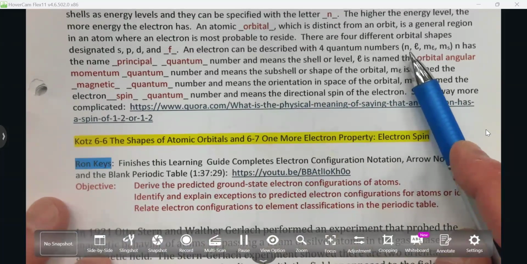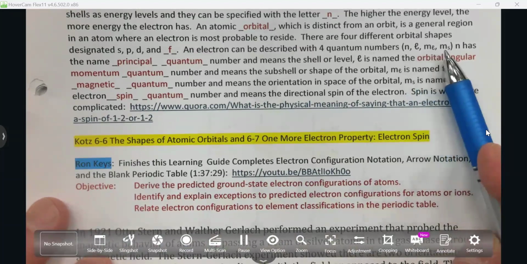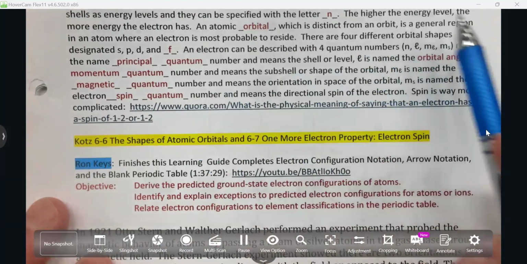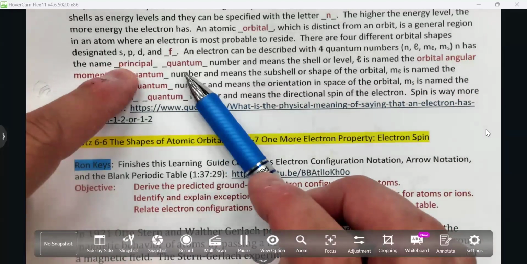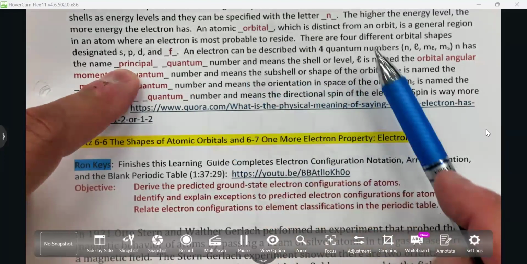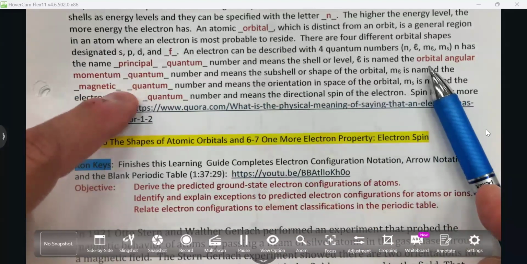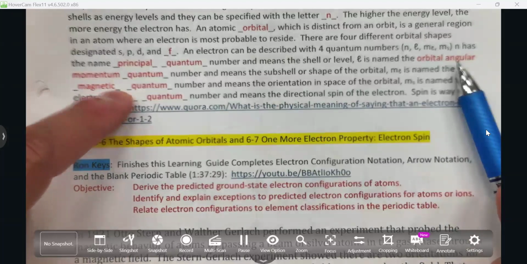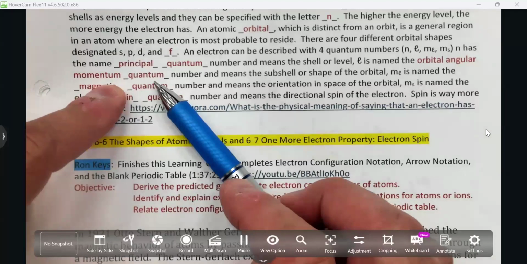Remember, we had N, L, M sub L, M sub S, correct? And I called it the level. Well, N is really called the principal quantum number. It really tells you what level. L is named the orbital angular momentum quantum number.